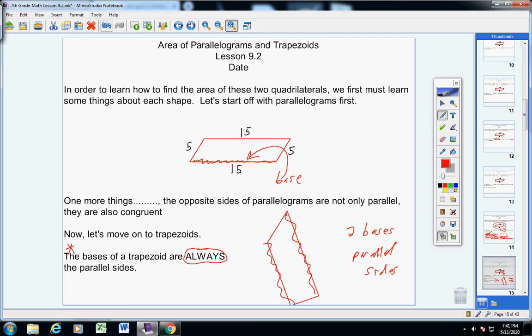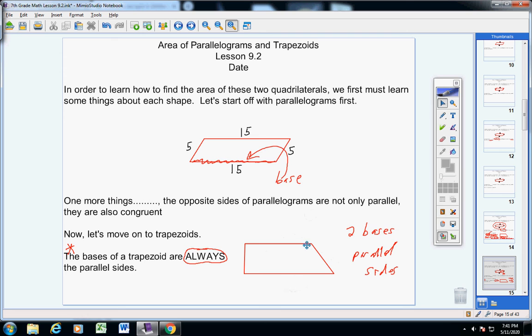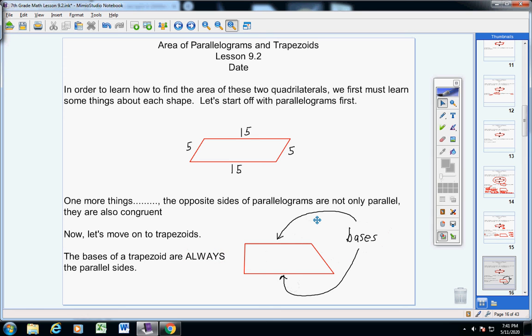It doesn't matter which direction I turn the figure. The bases are going to be the parallel sides.